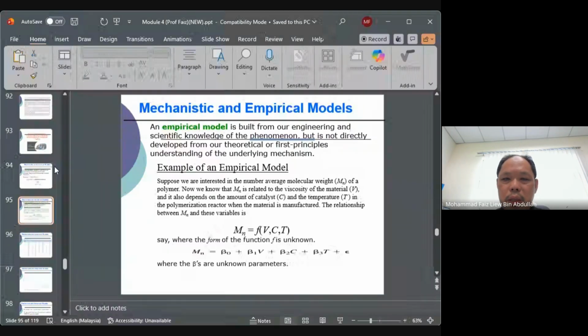So for this case, just now we talked about the empirical model. The empirical model is built from engineering, and from the example of the empirical model, you talk about the equation, M equals f(T), and how you change the function to get it. All this can be discussed either in chapter 2 or in chapter 3, but you must put in these values to show the equations that you use for the formulation of your work.